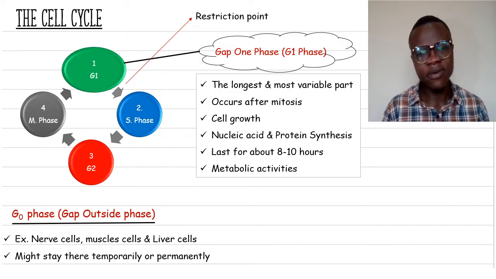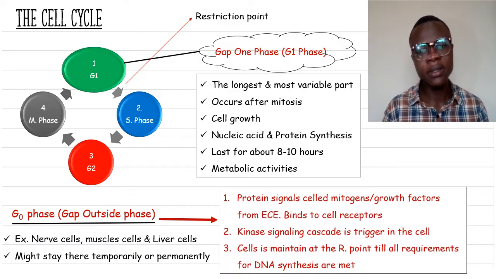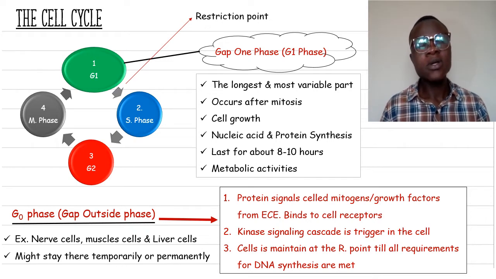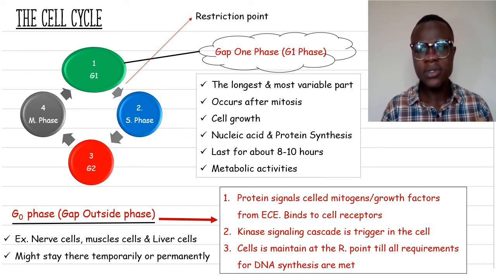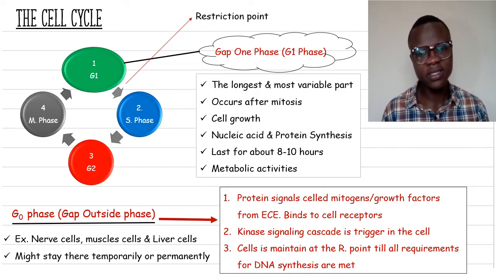Let's look at the various steps that go on here. The first thing is there are protein signals called mitogens or growth factors that are found in the extracellular environment. So these factors, when produced, will bind to the receptor of the cell that is in the G0 phase.